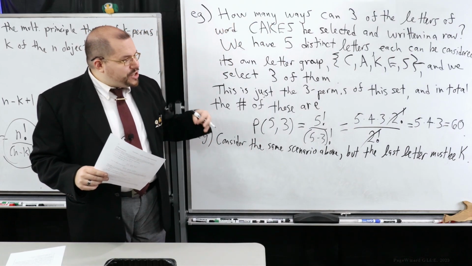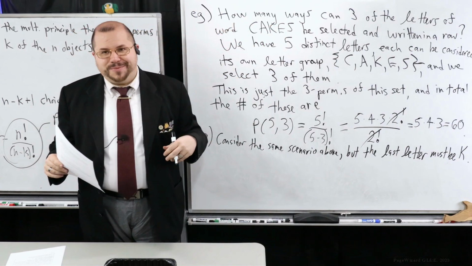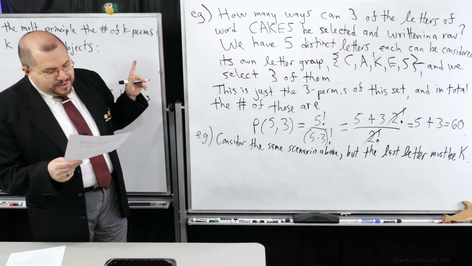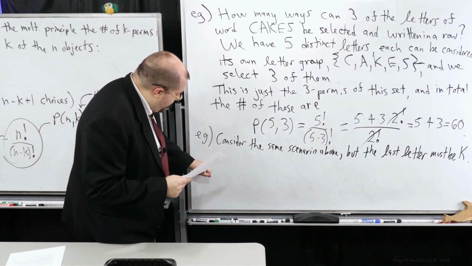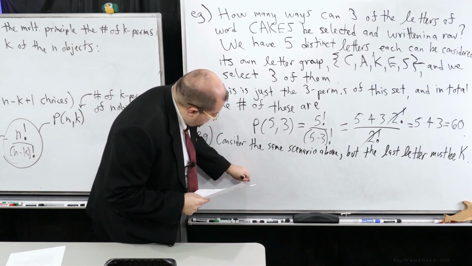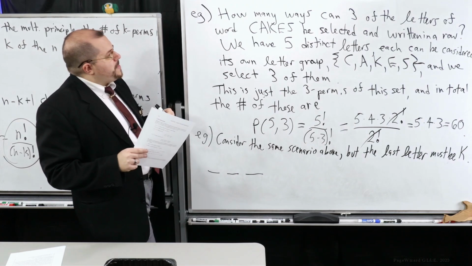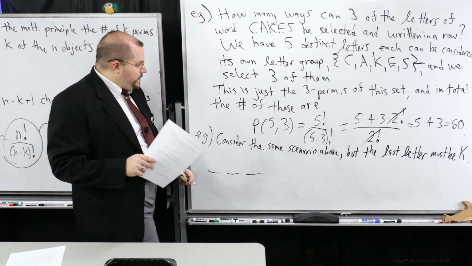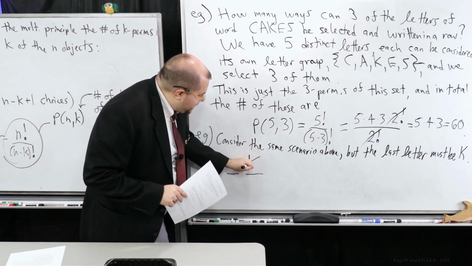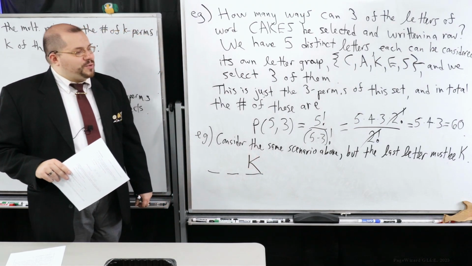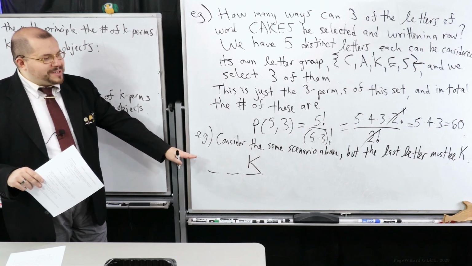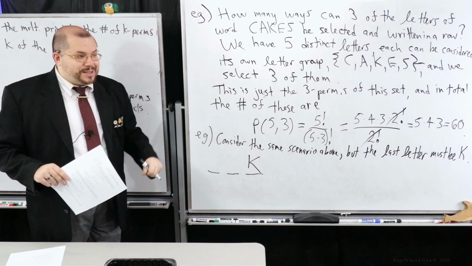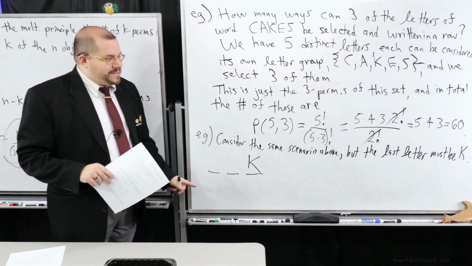This should remind you of one of the previous examples we did, except we have to be careful here. Remember that I want to know how many ways you can have 3 of the letters selected and written in a row, but the last position now is going to be fixed as a K. So notice I have 2 other spots available, so I'm actually choosing 2 letters to go in this sequence.